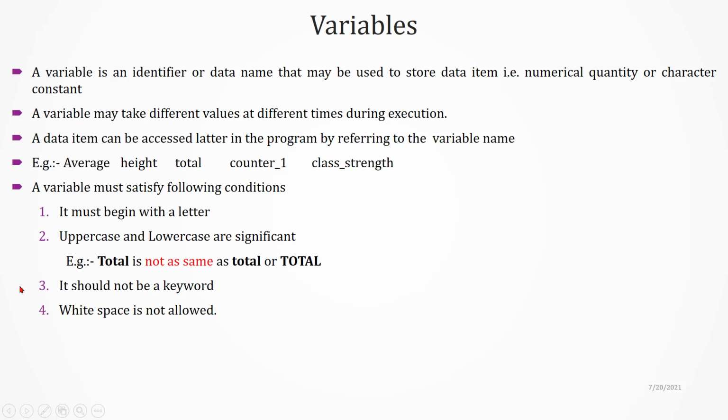A variable is also an identifier, but identifier is a superset of variables, functions and arrays. It is a superset, but variables is a subset. All variables are identifiers, but all identifiers are not variables. Is it clear? Yes, sir. It is almost the same.